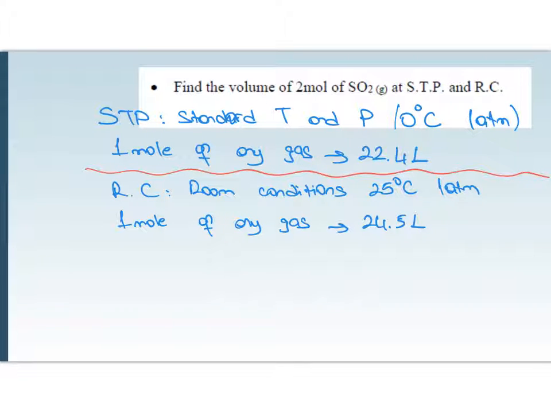So as we said, there is 1 mole here and 1 mole here, and in the question it is asked 2 moles of sulfur dioxide. So this means that you're going to multiply all these numbers by 2 and get the answer. This is going to be 44.8 liters. When you multiply by 2, it is going to be 49 liters.